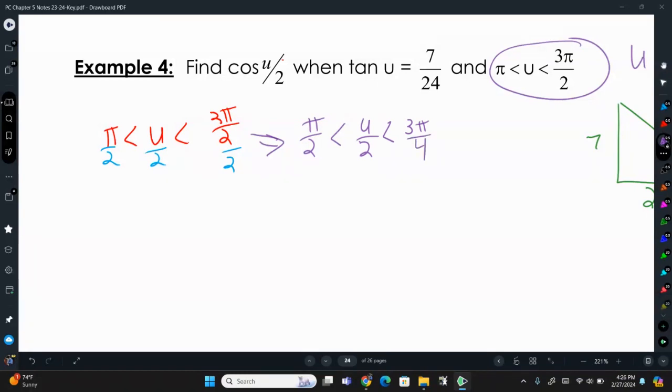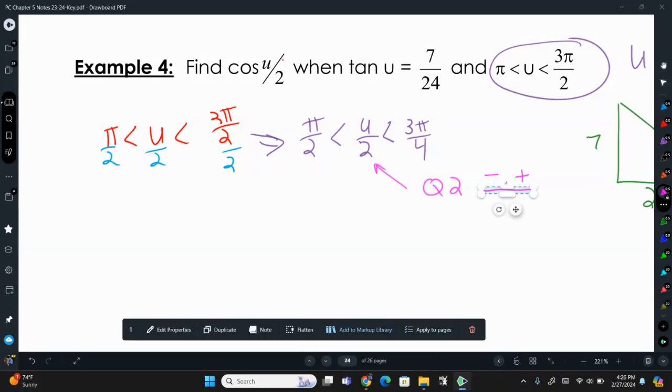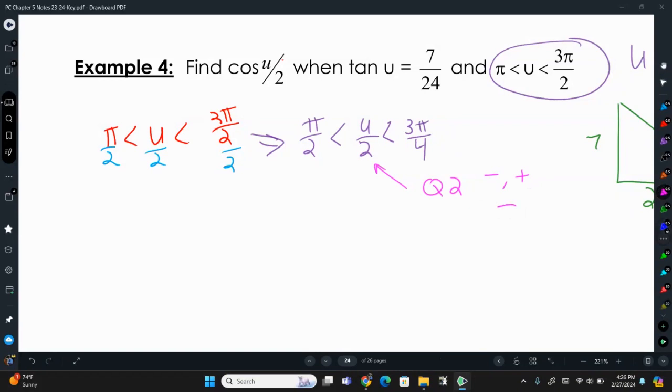So pi over 2 is the start of quadrant 2 and the end of quadrant 1, and 3 pi over 4 is in quadrant 2. So we are in quadrant 2, where cosine is negative, sine is positive, and tangent is negative.